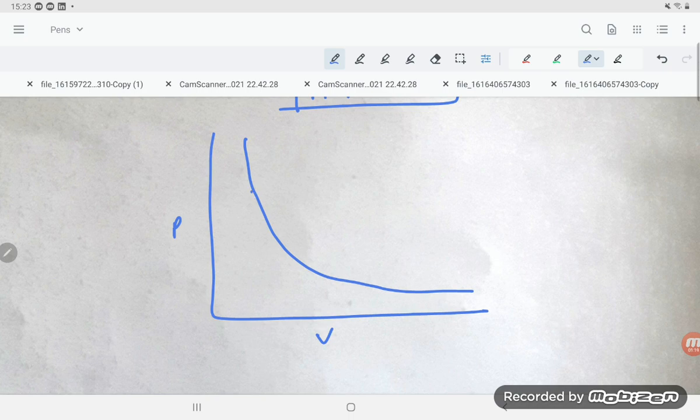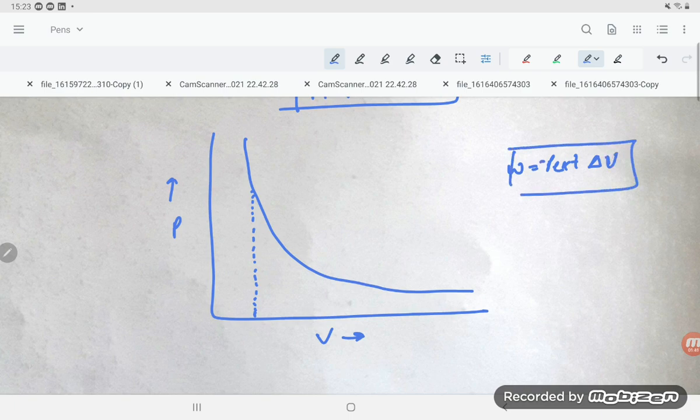If they ask to calculate the work here, we cannot apply W is equal to minus P external delta V, because the pressure is changing here. Here the pressure is this much, here this much, here this much.